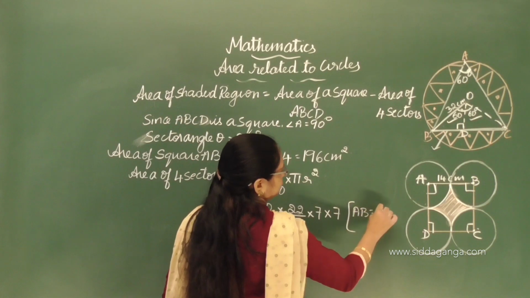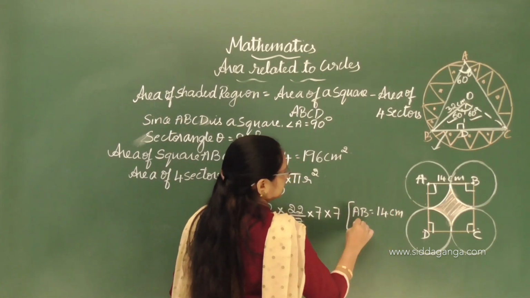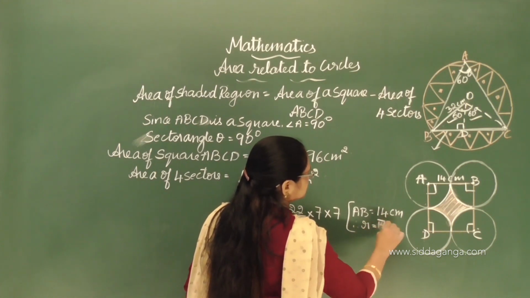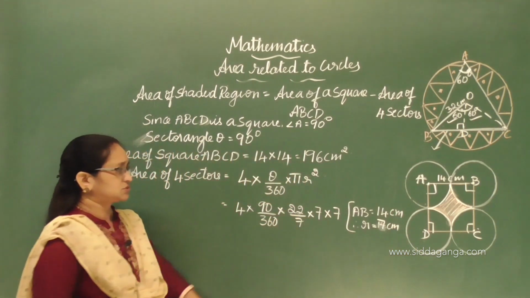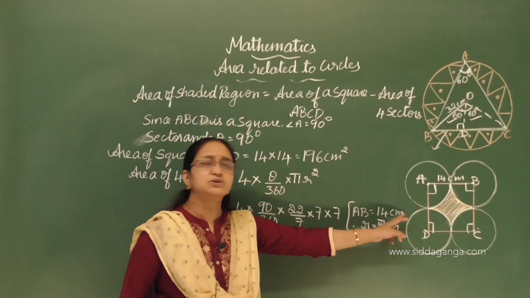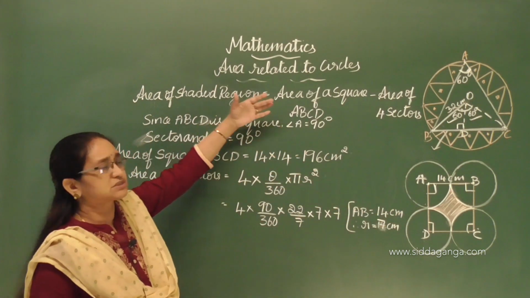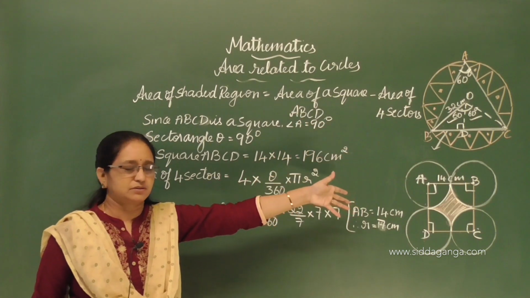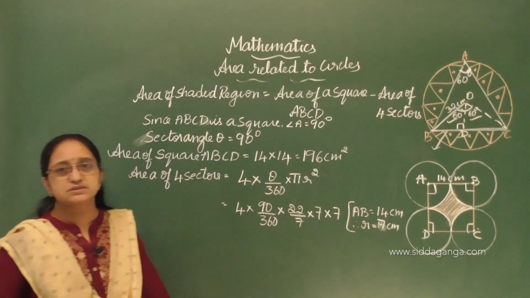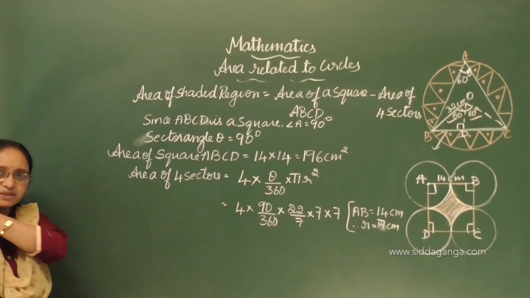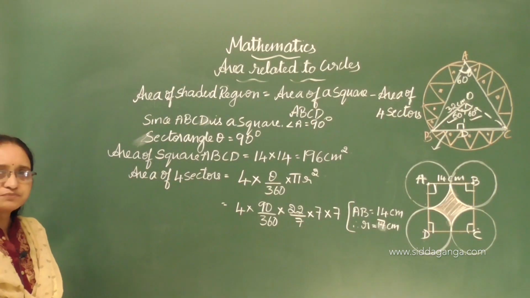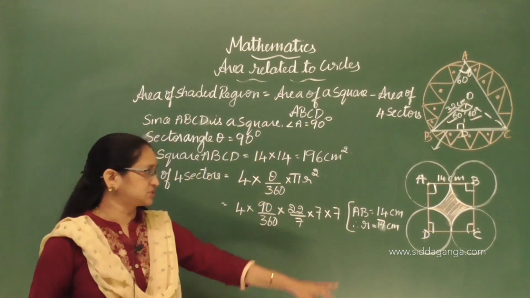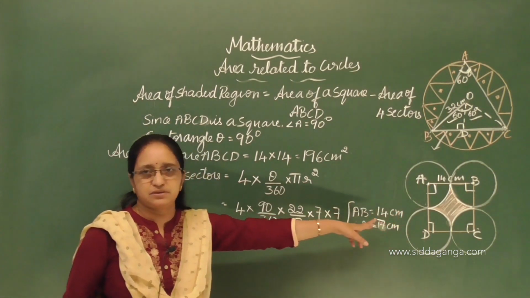AB is equal to 14 centimeter, therefore radius is equal to 14 by 2, radius is equal to 7 centimeter. You can write this in the bracket, or before you start you can write that the radius of a circle will be 7 centimeter, because side AB is 14 centimeter. So radius is equal to half of the side AB, you can mention that.